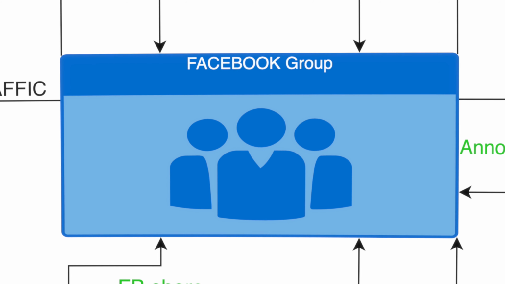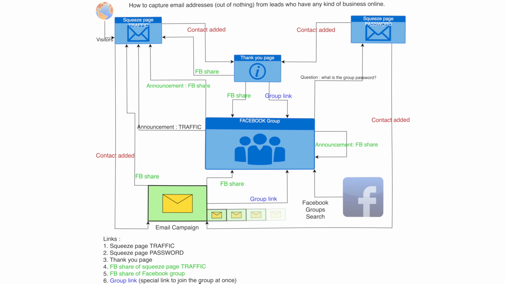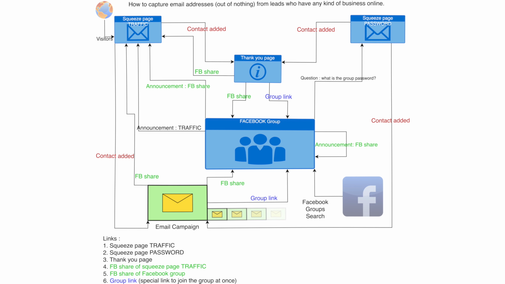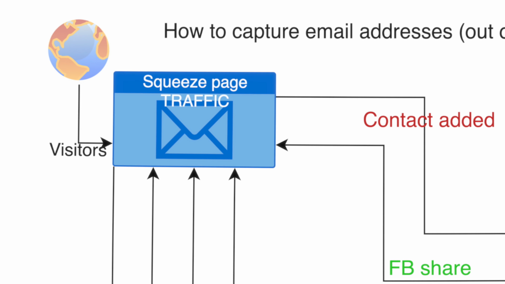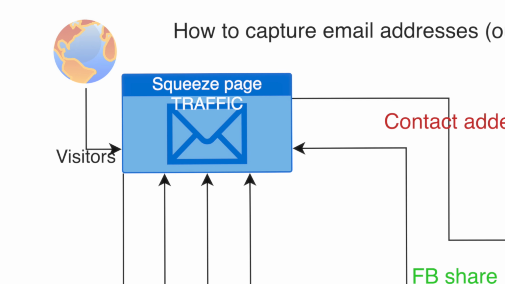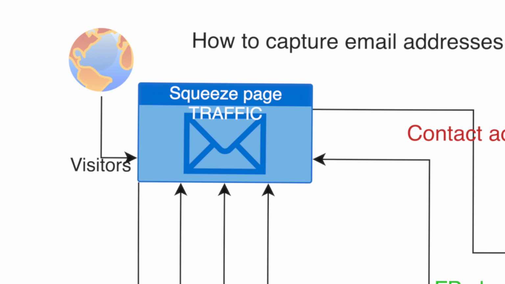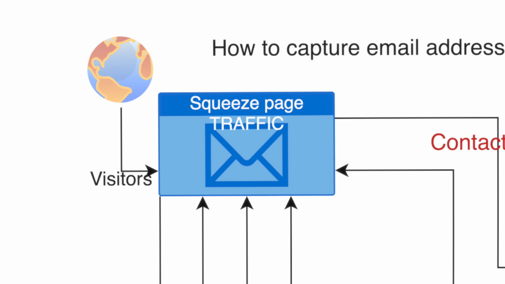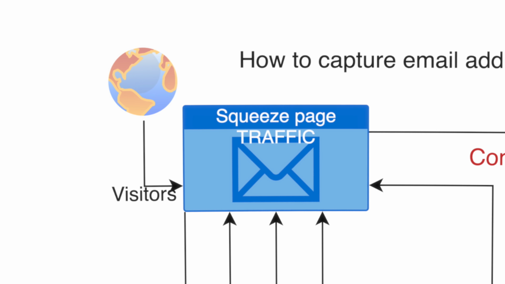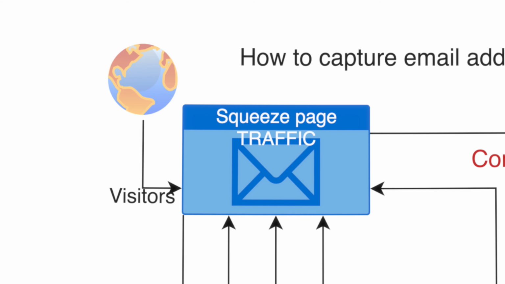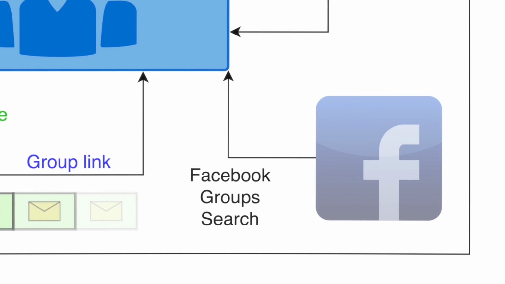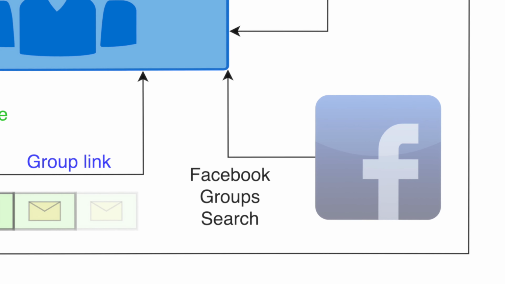But let's go back, and you see that there are 2 entry points to this system. One at the top left, it's the globe. It's all the visitors from the internet that you will send to your squeeze page for traffic asking for email. The second one is at the bottom right. It's Facebook groups search.